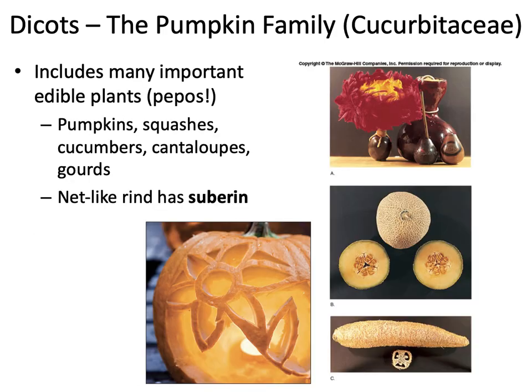There are many important edible plants in the pumpkin family, all of which are botanically classified as pepos, which are types of berries. That includes pumpkins, squashes, cucumbers, cantaloupes, and gourds. Now, when you look at a cantaloupe, you know how it has that net-like appearance on the rind? Well, that's because it's loaded up with suberin, that waxy substance.